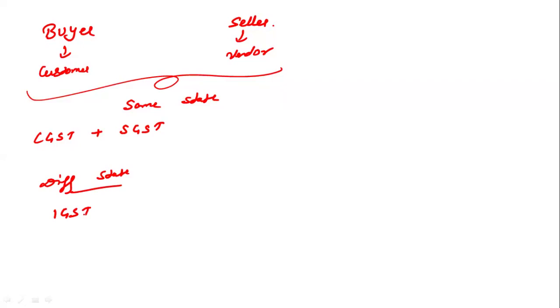All these are Union Territories, which are not states of India, but are considered as Union Territories. Whenever you're purchasing material from a Union Territory, or selling material to a Union Territory, within the same Union Territory you will have central GST plus Union Territory GST.